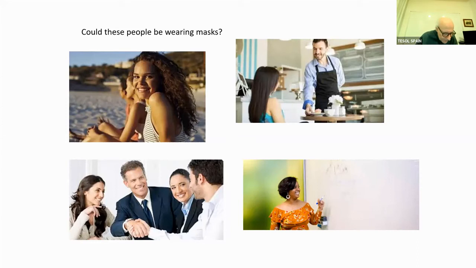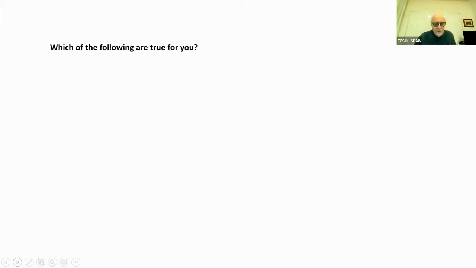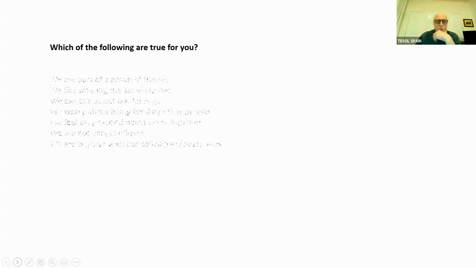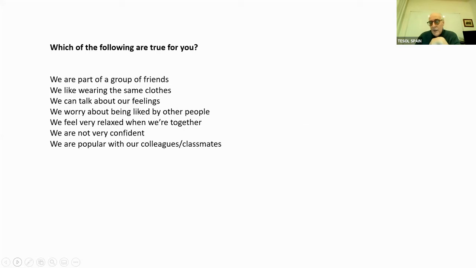And he came up with a really nice way of doing that, which is to ask questions which are answered with we, not I. For example, which of the following are true for you? Sounds as if you're going to be asked to answer in the first person. But what Rinvolucri did with this activity was to get students to write we answers. So they're thinking about something they did with somebody else, or something that they shared with someone else.